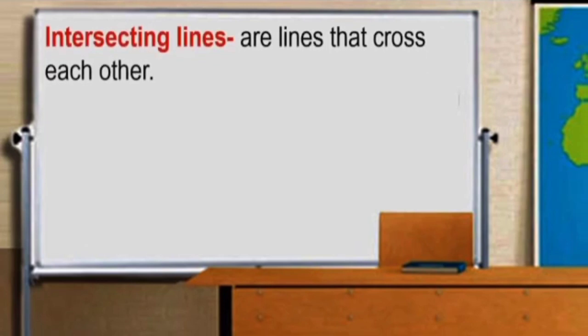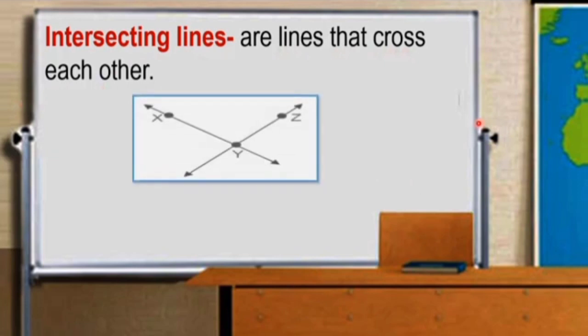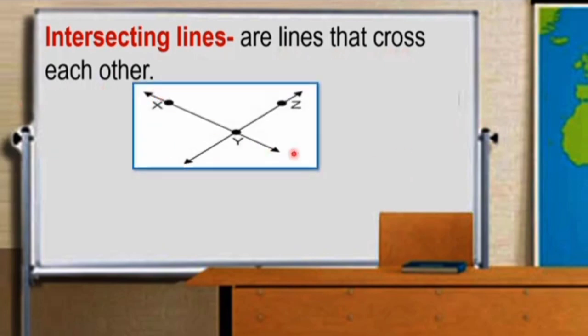The second one is intersecting lines. When we say intersecting lines, these are lines that cross each other. So let's have our illustration. We have here two lines, line X and line Z. Try to look at our illustration. The two lines intersect each other or cross each other.